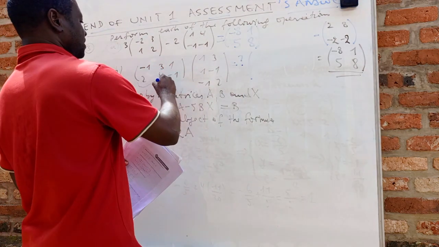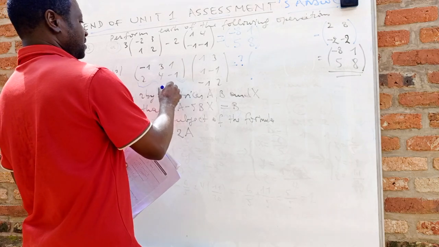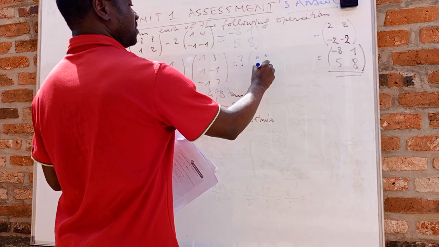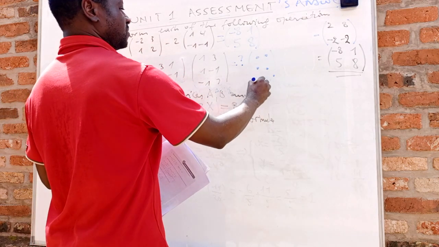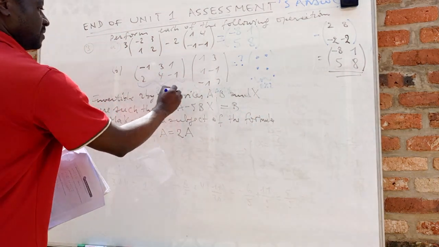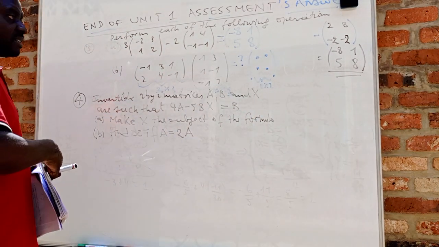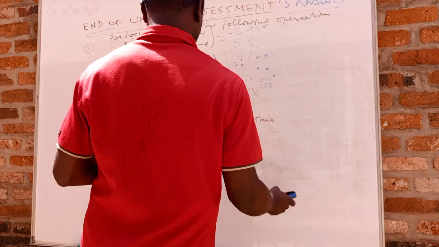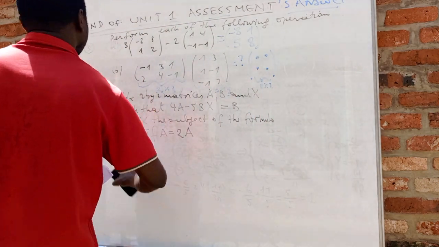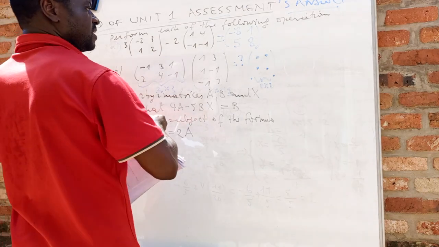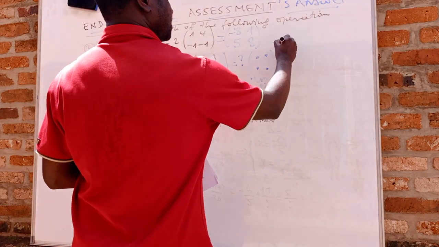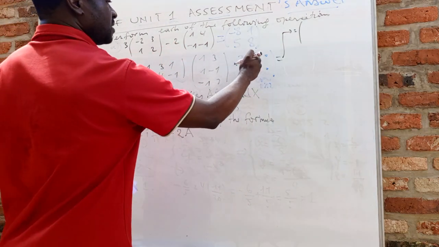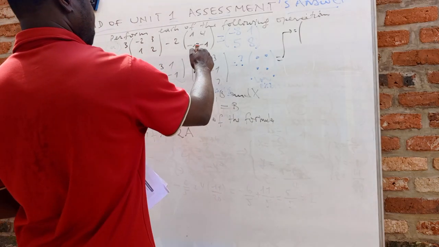As this matrix is a 2 by 3 and this one is a 3 by 2, the result will be a 2 by 2 matrix. Let us calculate it over here.